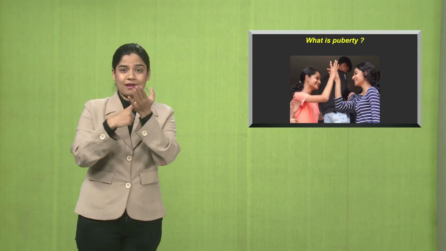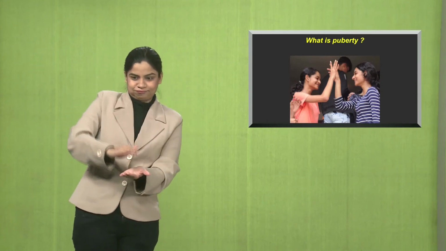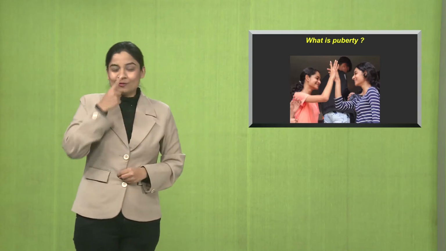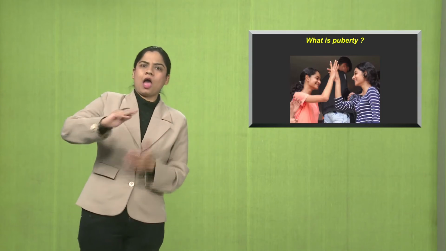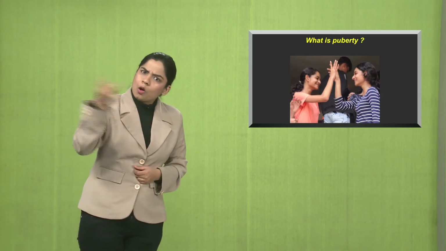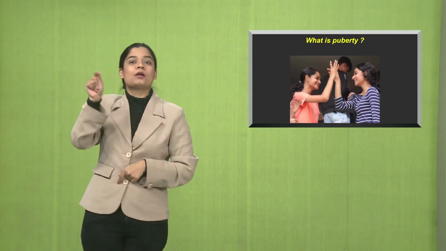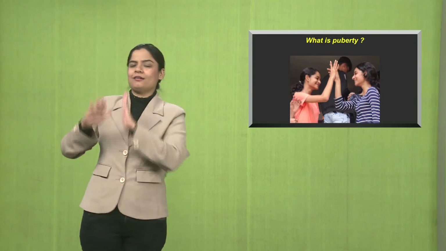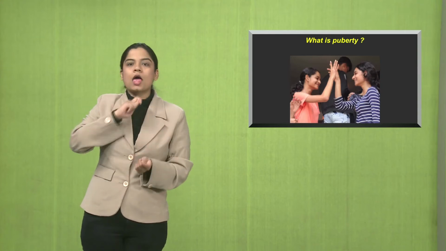Puberty. What is puberty? Puberty is a period, be it for females or for males, of bodily changes. For example, children do not have a menstrual cycle, whereas when puberty starts, females start getting a menstrual cycle, wherein they have to start taking care of themselves, etc. Sometimes females at a younger age miss their periods, but later on they get them. Similarly, boys can have nocturnal emission, ejaculation during sleep.